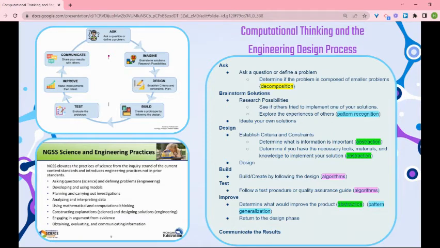And so, how does computational thinking and the engineering design process, where's that intersection? I've given you several different types of graphics around engineering design.